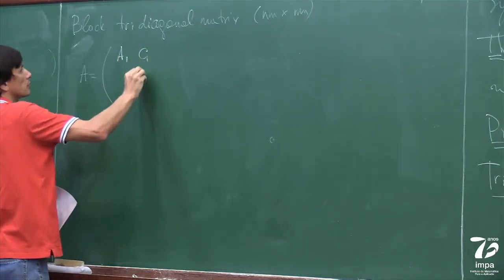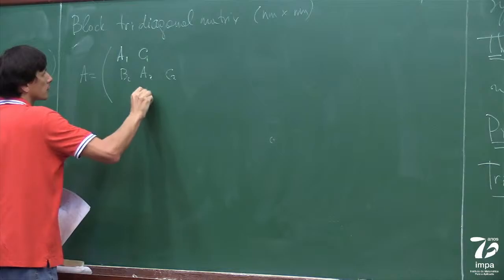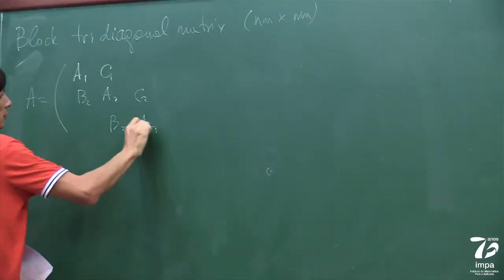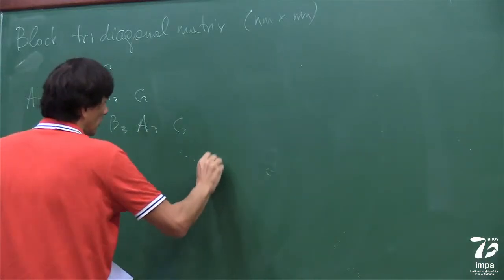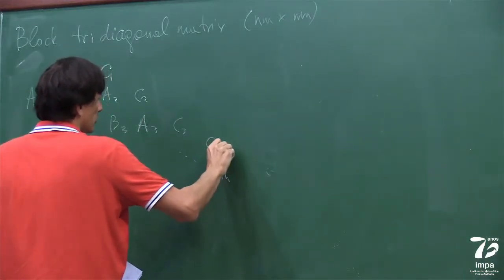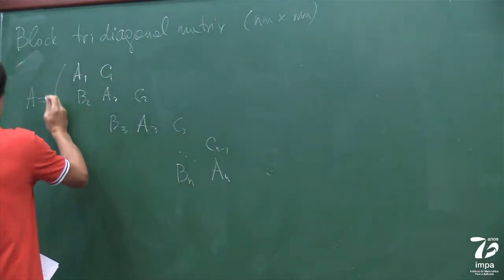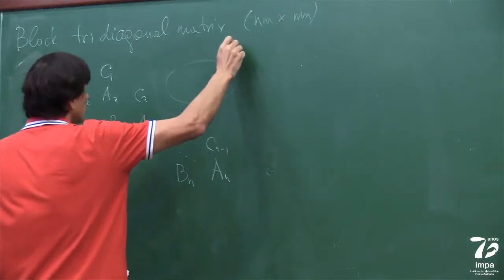E1, C1, A2, B2, C2, B3, C3, E3, C3, and so on until AN, Cn minus 1, Bn. 0, 0.